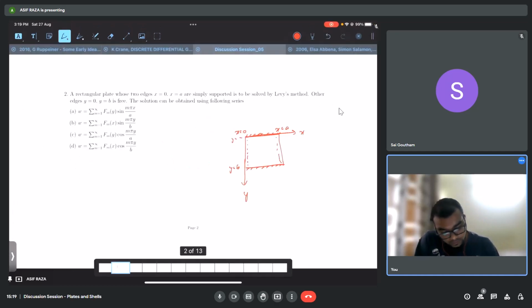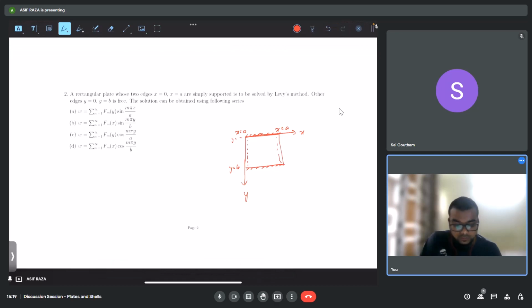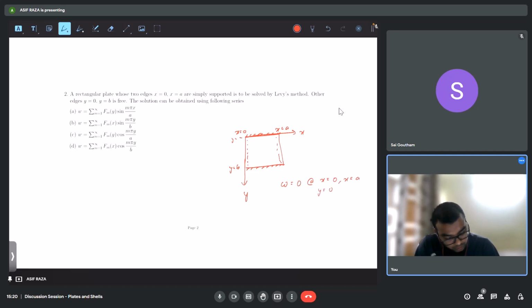We can also eliminate using the boundary conditions of the case. What will we have? We'll have w equal to 0 at x equal to 0, at x equal to a, y equal to 0 and y equal to b, isn't it?